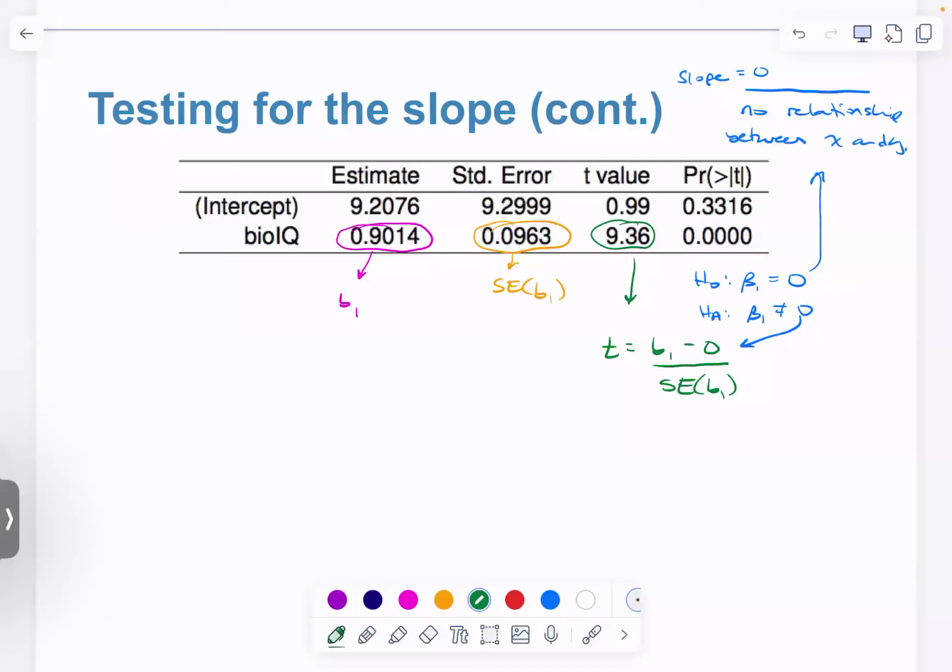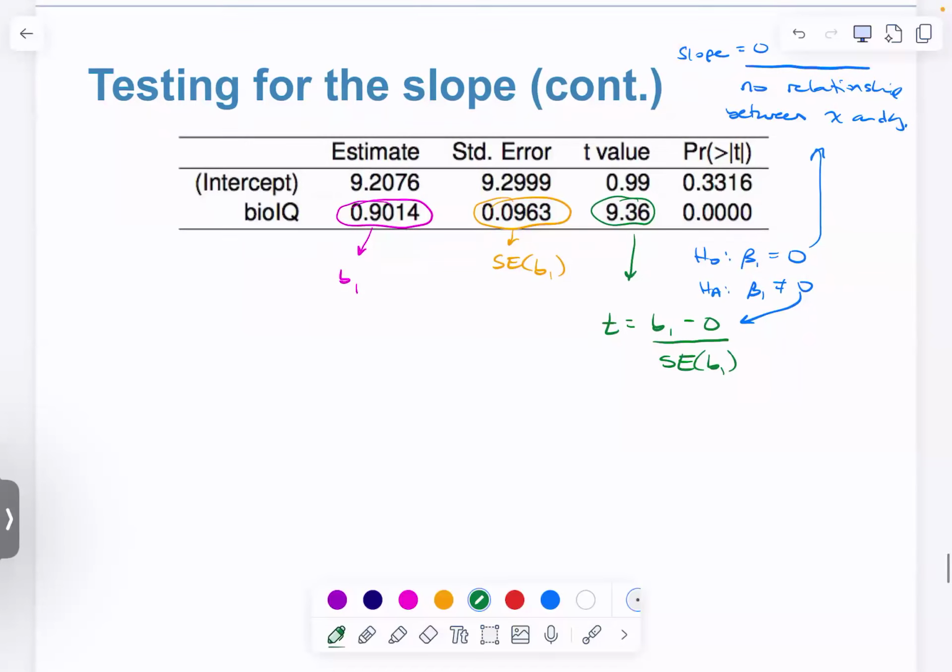Those are the standard errors. But then also we get this p-value associated with t.